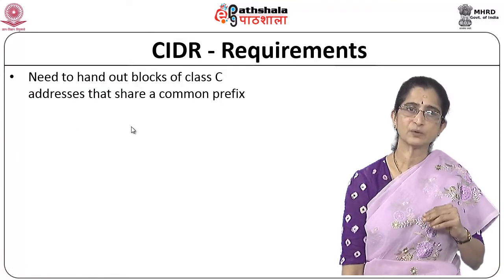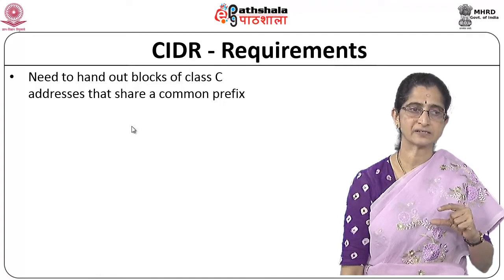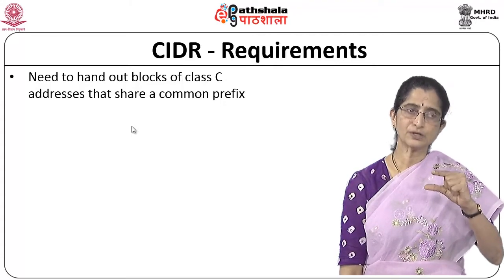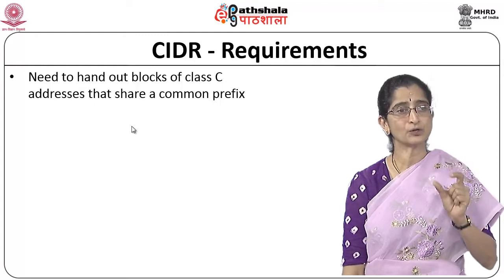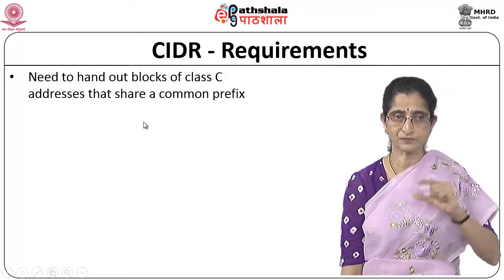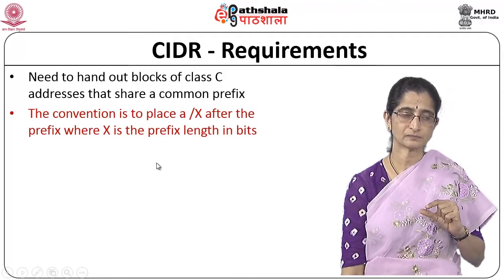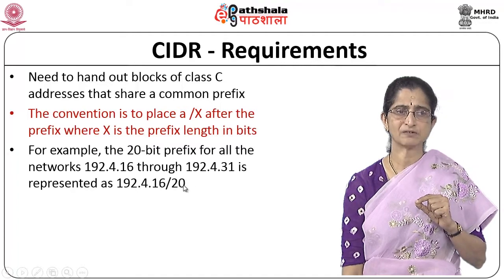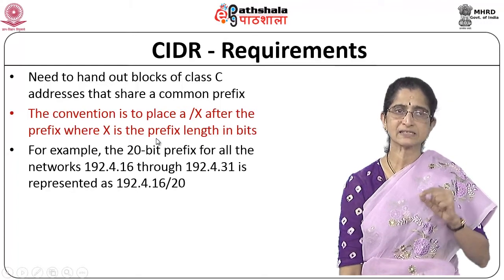The first thing we need to understand is that when we are assigning these addresses, the addresses assigned have to be contiguous blocks, so that you will be able to identify a shared common prefix between those different blocks of addresses. The convention that we normally use is that we place a slash and a number which indicates the length of this prefix.